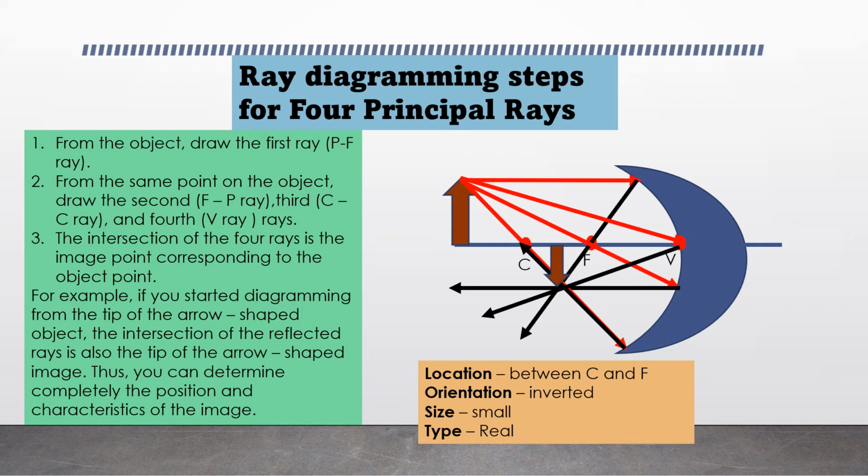Why real? A real image is formed by the intersection of real reflected rays. These reflected rays are real reflected rays, so the image formed is also real.